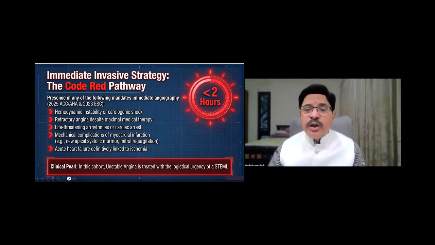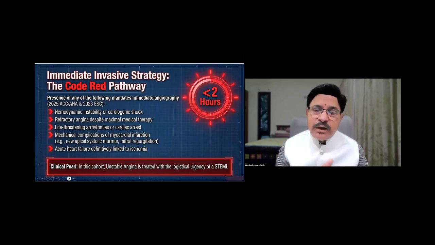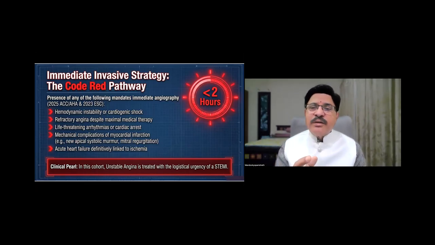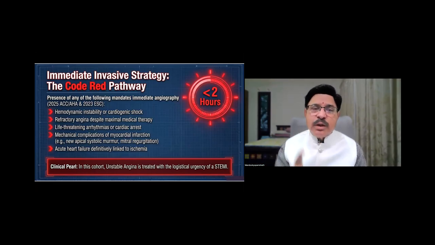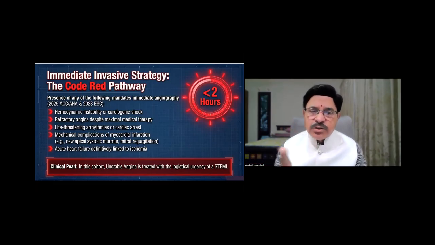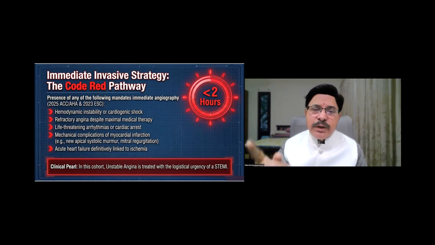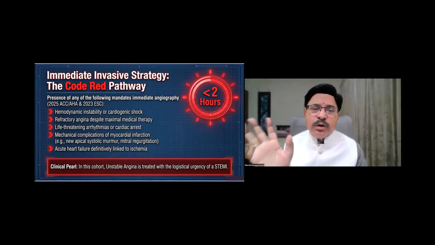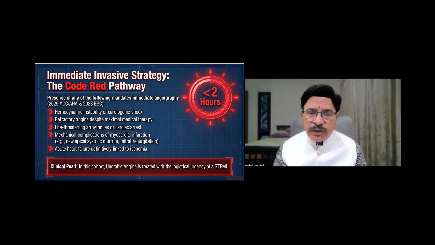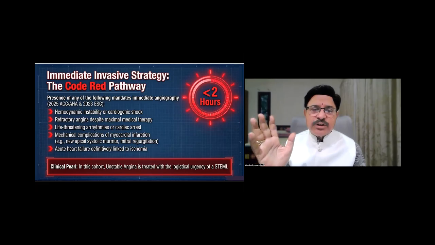What are the variables which make me treat this like STEMI and put him under immediate revascularization within 2 hours? Number one, hemodynamic instability, cardiogenic shock. Refractory angina despite maximal medical therapy like beta blockers, nitroglycerin, whatever you want to take. Life-threatening arrhythmia, cardiac arrest on presentation.